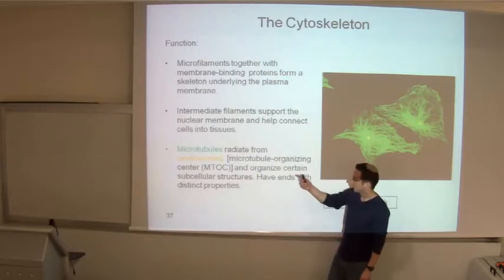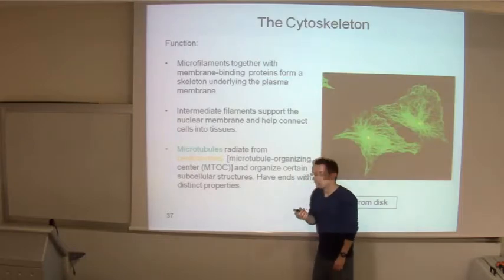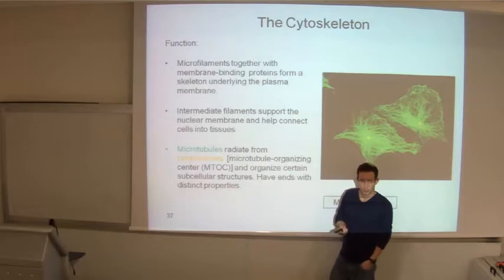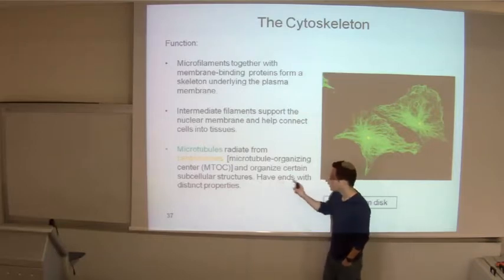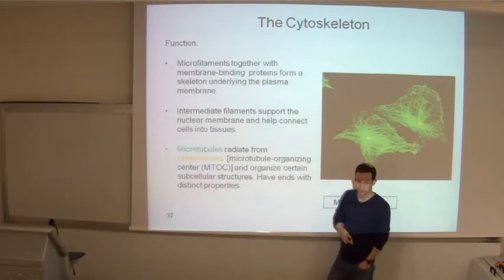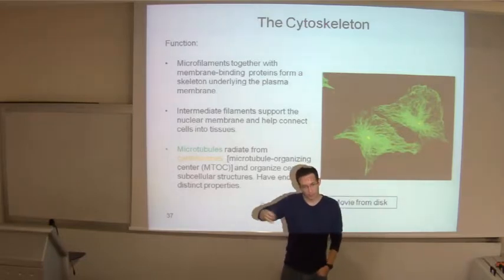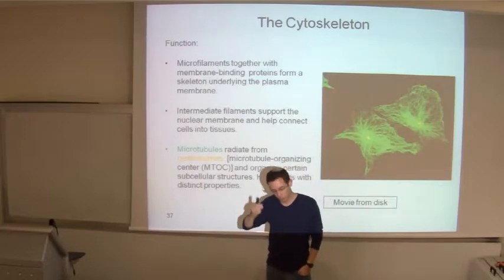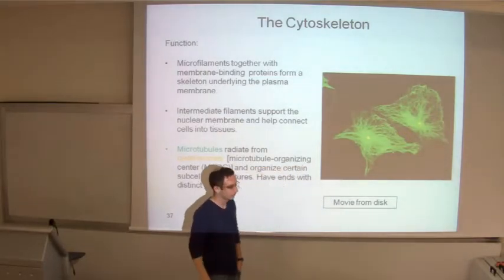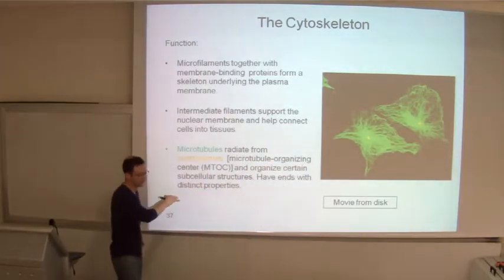And another thing to say about microtubules, and it's a result of the fact that they are built of two different proteins, the alpha and beta tubulin, is that they have ends with distinct properties. Microtubules are sometimes referred to as the highways of the cell, and in these highways you have directionality because of the different properties in each end.